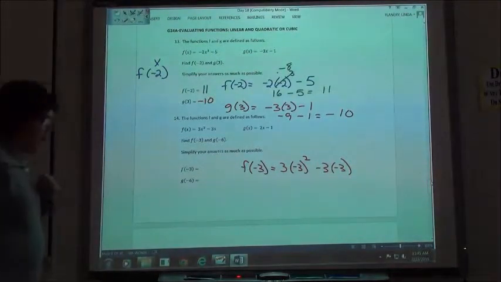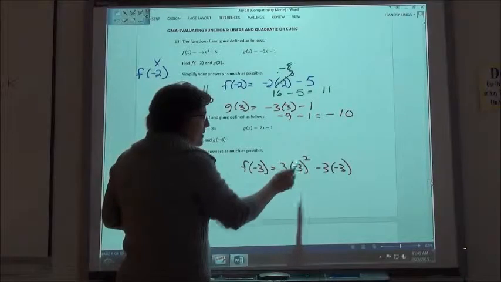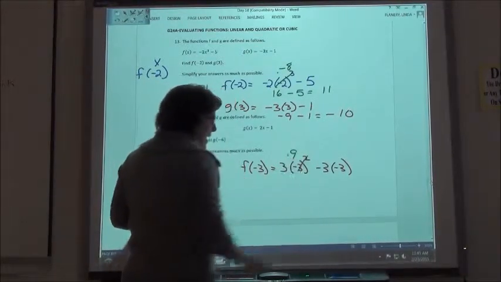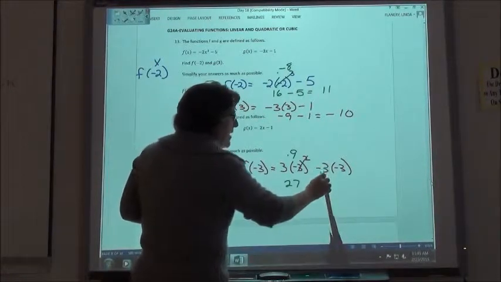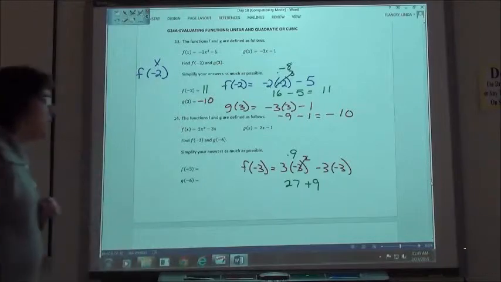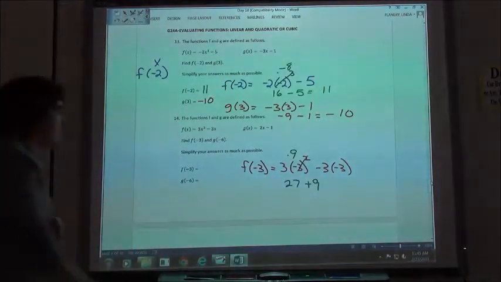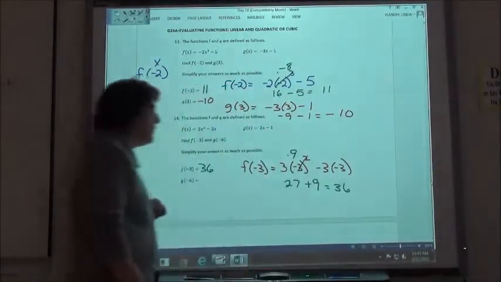So following my order of operations, I've got to do my squaring first. Negative 3 times negative 3 is a positive 9. 3 times 9 is 27. Negative 3 times negative 3 is a positive 9. So now I have 27 plus 9, which is 36.